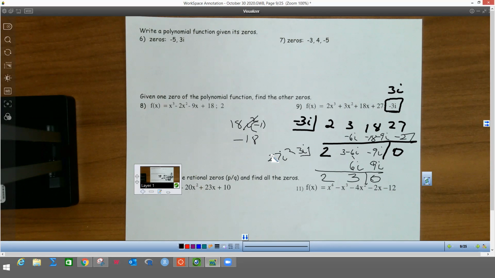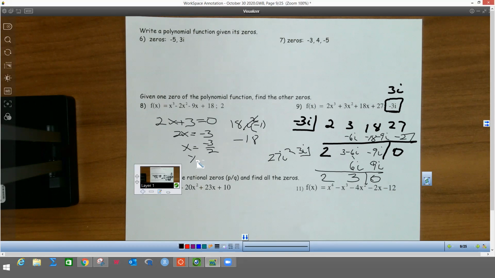So what that tells me is that what's left here, remember that was a cube, so this is a square, so this is the first power, so that means 2x plus 3 is what's left right there, and set that equal to 0. I subtract 3, and I divide by 2, and I get negative 3/2.